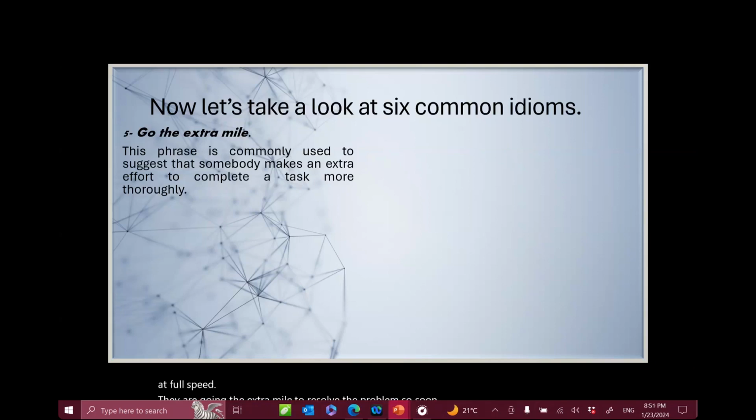Okay, to go the extra mile يعني to make extra effort to complete the task.